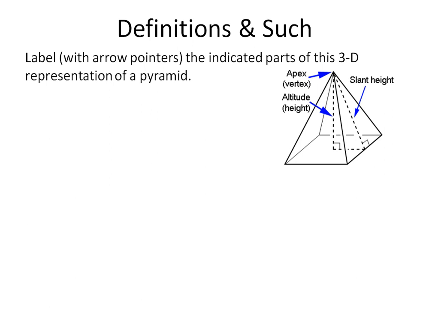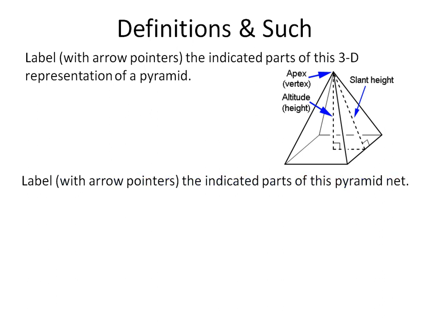So that is very important for a lot of things that we're using, because if they give us the slant height and they give us this part down here, the apothem of the base, then you can find the altitude by using the Pythagorean theorem, or if they give you the altitude or the height and this at the bottom of the base, then you can find the slant height very easily.